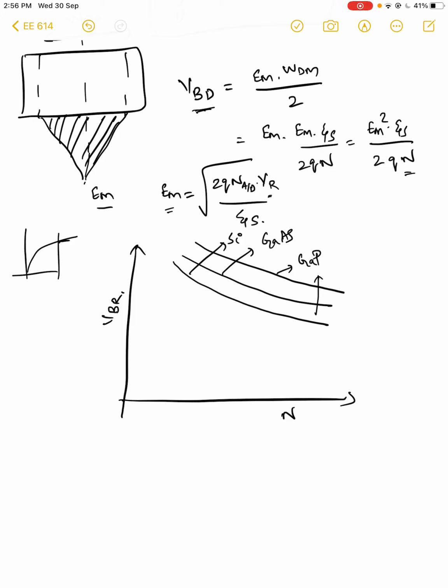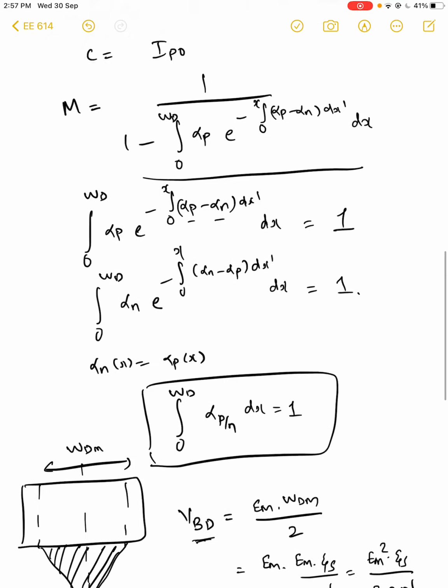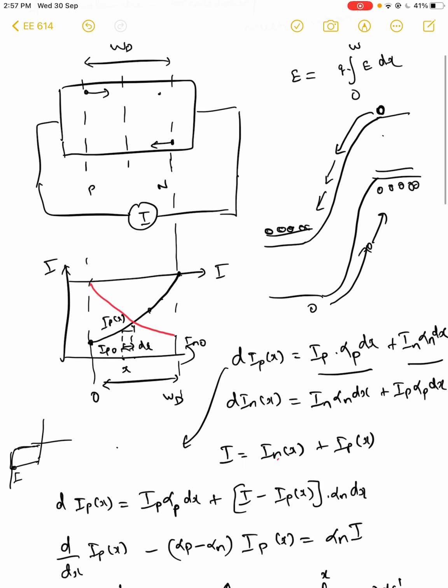But this is not true everywhere, because after a certain doping density, as we have previously seen, the tunneling current starts to take over. So before a particular doping density, you can have very high avalanche condition, and after a particular doping density, the tunneling current takes over. It can be seen here in our schematic as well, right?